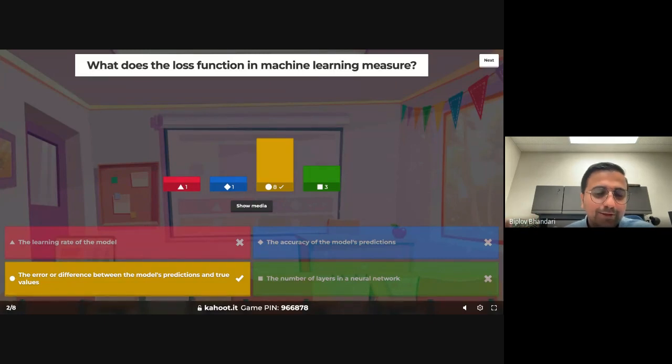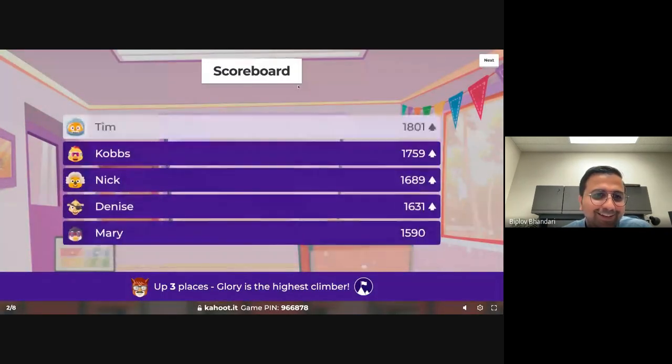This measures the output from your prediction against the true value, so it can adjust those weights in the backpropagation step. Okay, let's see the scoreboard. Team rising to the top. We have Cobbs on second, Nick on third, Dennis and Mary.